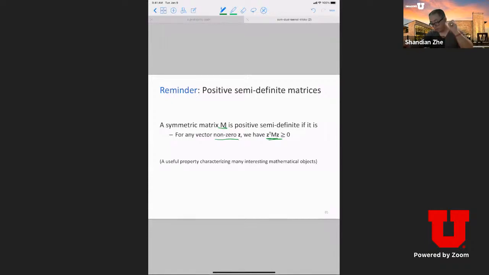We know that if a matrix is positive semi-definite, then all of its eigenvalues are non-negative. Positive semi-definite matrices are useful for characterizing many interesting mathematical objects. If in the future you do more machine learning or optimization, you will see positive semi-definiteness appears nearly everywhere.